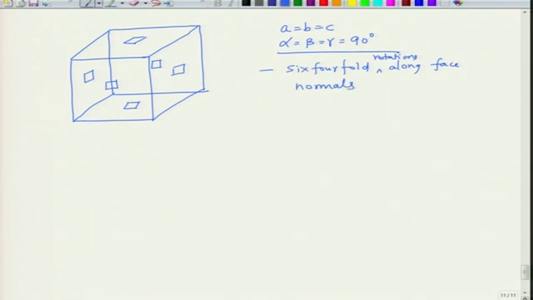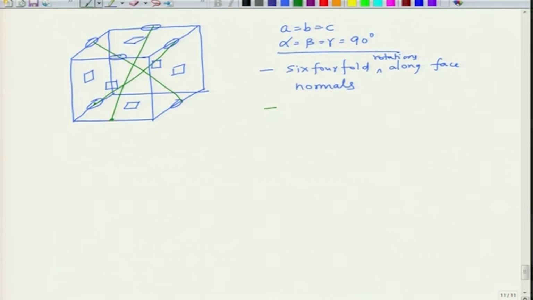You can also rotate the cube by 180 degrees along these diagonals. If you put diagonals like this, I will use a different color. If you connect this point and this point, and this point to that point, you will have these diagonals connecting each other. So how many of these will you have?